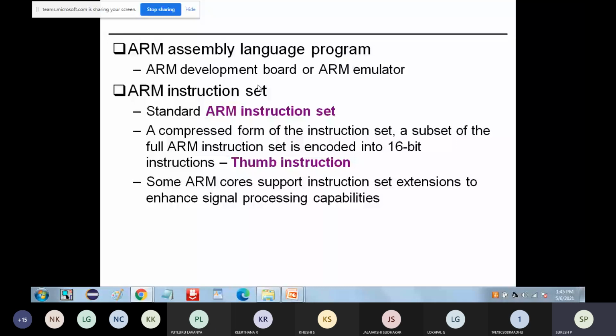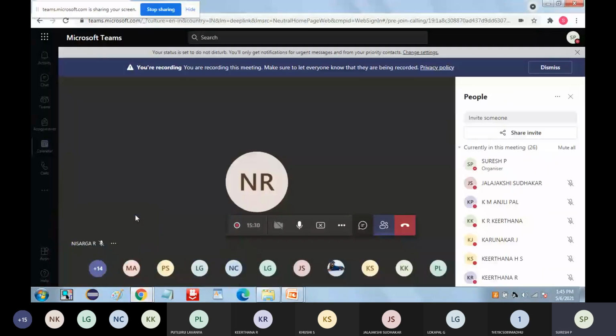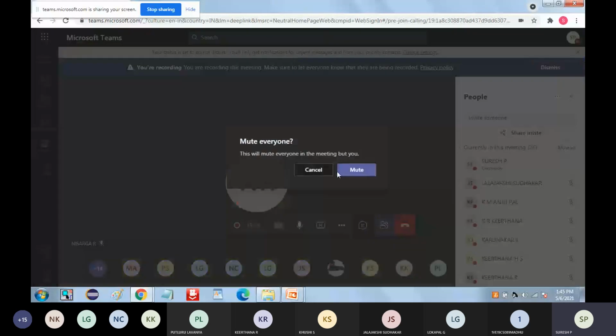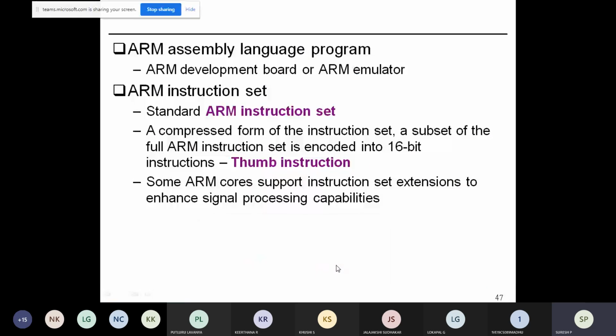Now if you are going to make use of the ARM instruction set, for example, one assembly language instruction is converted into a 32-bit instruction.